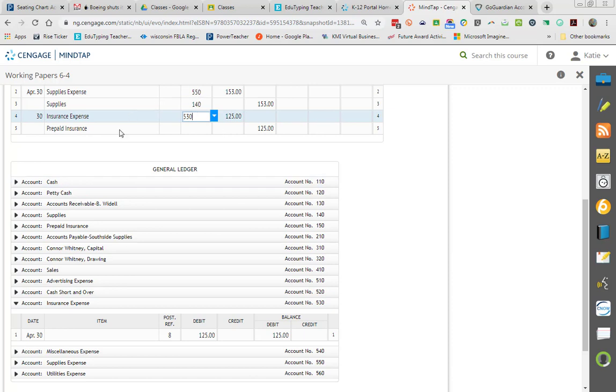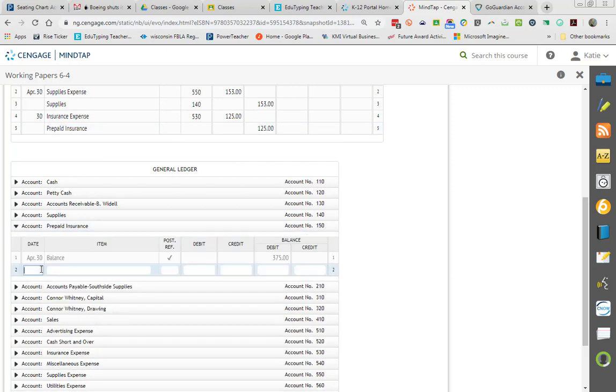Always think of posting as a triangle. Start at your journal, go down and do your date, work across, and take the account number back up to your journal. And again, prepaid insurance we're going to do just like we did supplies. There's already a balance there, so I don't need to write the month. I'm only going to write 30 for the day.